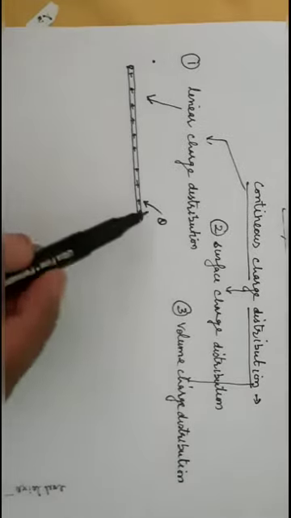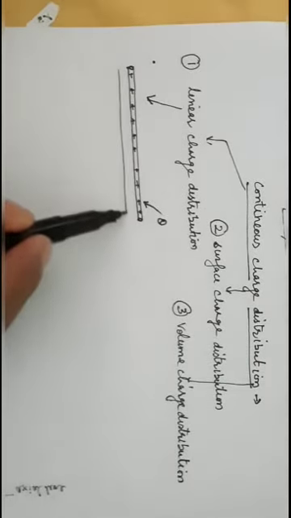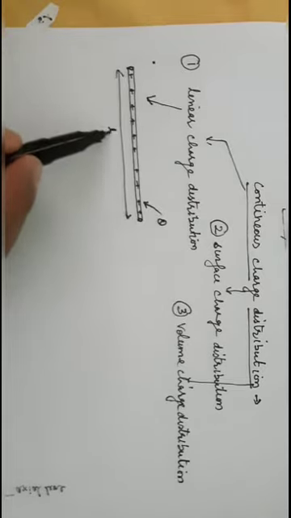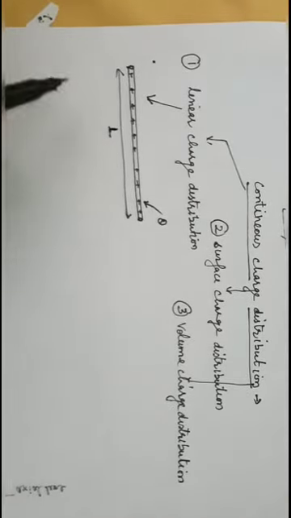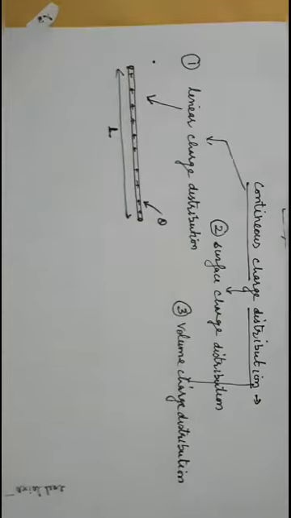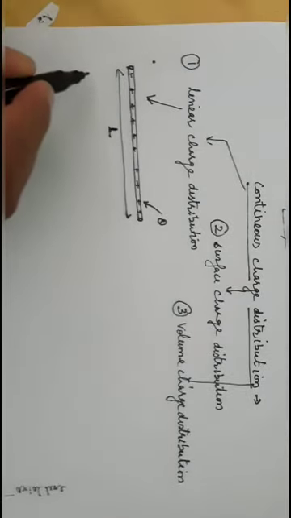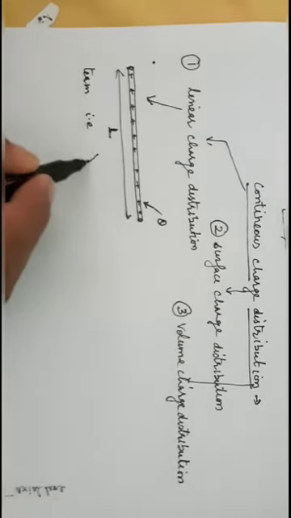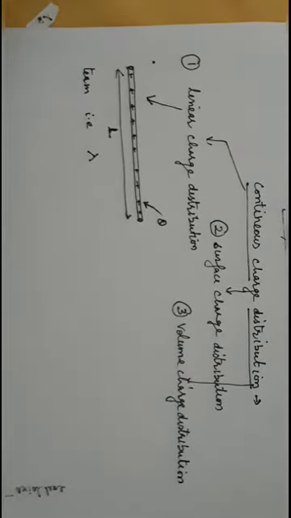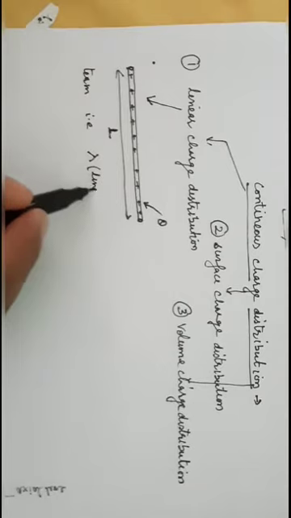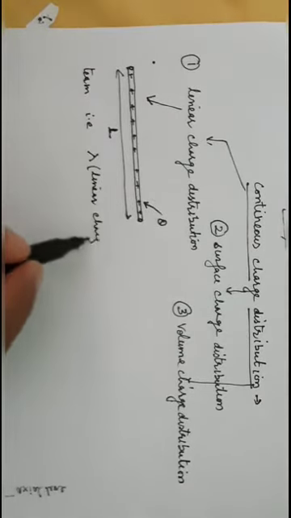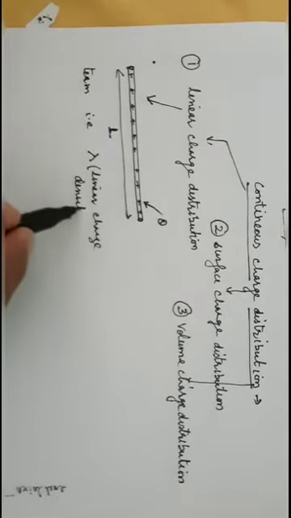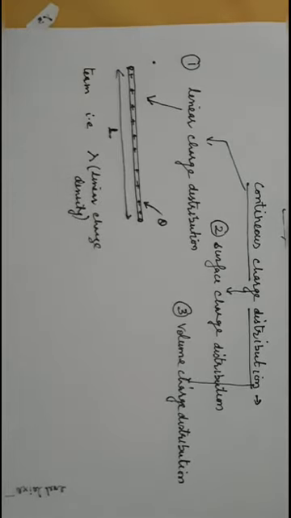Let's suppose this rod's length is L and Q charge is given to this whole rod. Then we have a term known as linear charge density, which we represent by lambda. It tells us how the charge is distributed over a line.